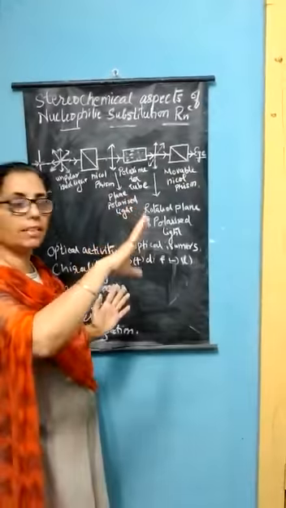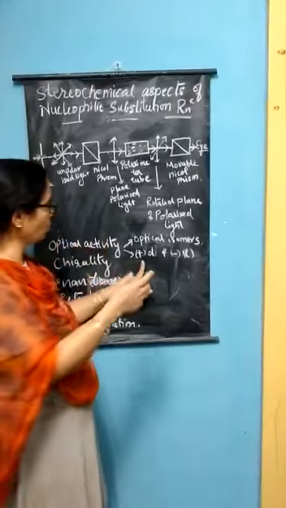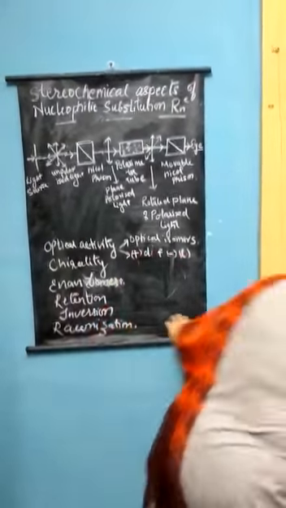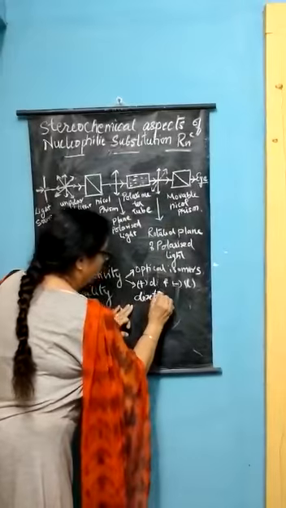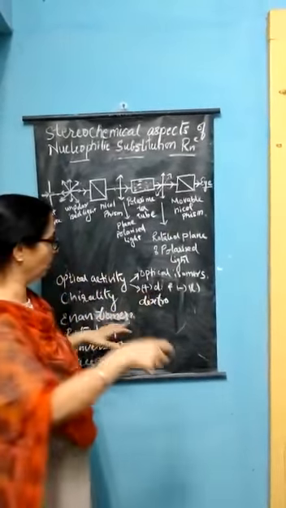If it changes the direction to the right hand side, then that substance is dextrorotatory, which is represented by the positive sign, meaning clockwise rotation.